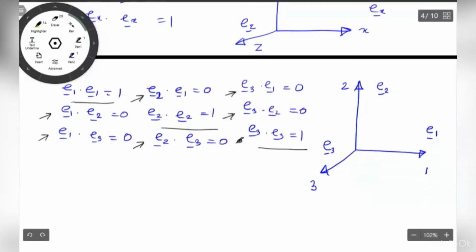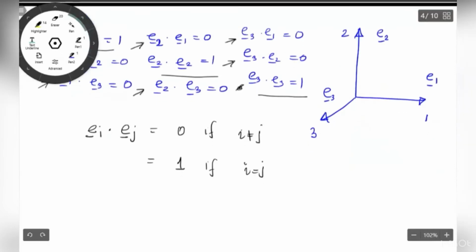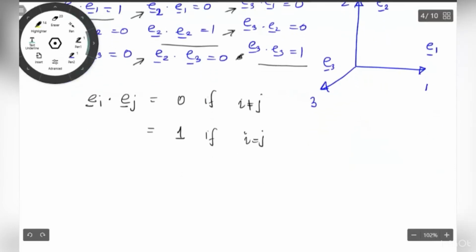That means if I want to find the dot product between two unit vectors, it will be 0 if i is not equal to j, and it will be 1 if i equals j. So there is a very universal definition for this, which is called ei dot ej equals delta ij.